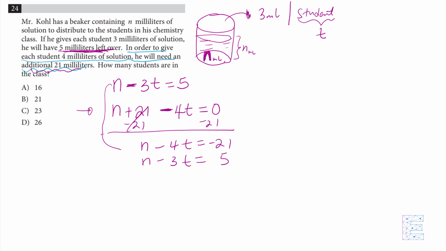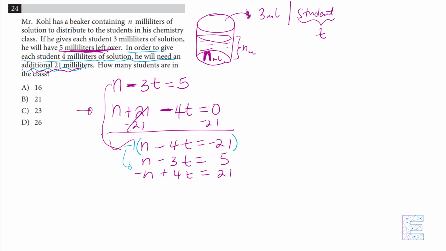So we want to get rid of the n's because we want to solve for t, the number of students. That means somehow we have to force these n's to cancel. We can multiply this top equation by -1, and then let's write the result down here. It becomes negative n plus 4t equals positive 21.